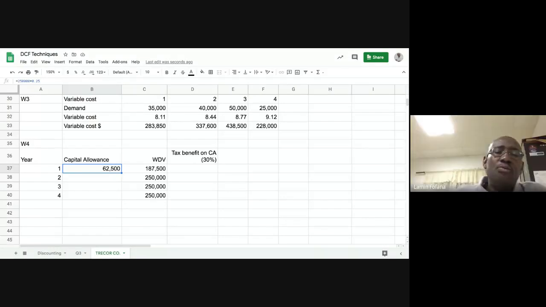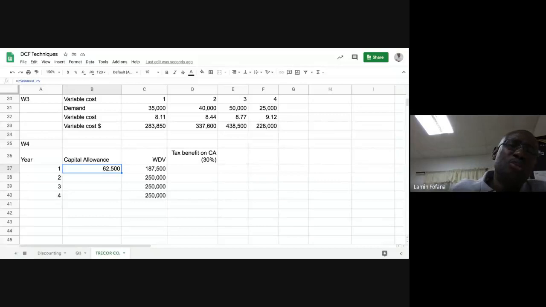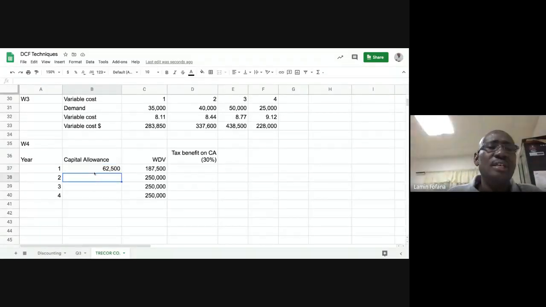process? What I think, if I understand you well, what you are saying will be a situation whereby you're dealing with a straight line. We are dealing with a reducing balance here. Okay? So whatever we do is the first year, we calculate our capital allowance, which is like the depreciation for the first year. Okay? And what is the remaining balance after the depreciation?